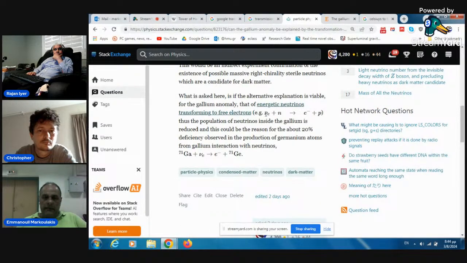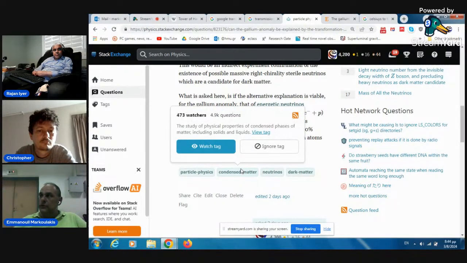Okay, this here is the reaction. You have the electron neutrino. It bombards a neutron of the gallium atom, and then it releases an electron, and the neutron becomes a proton. So now the gallium gains one more proton and becomes germanium. This number here, 71, is the combined number of neutrons and protons.